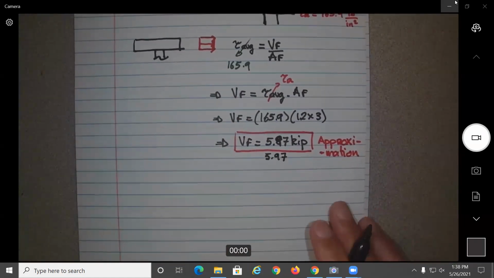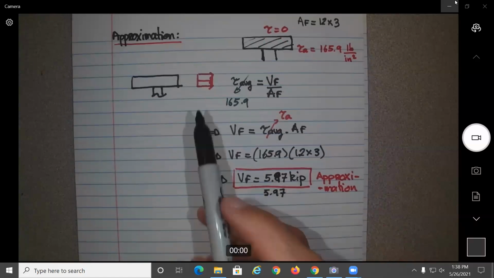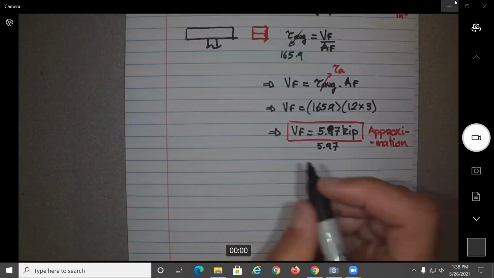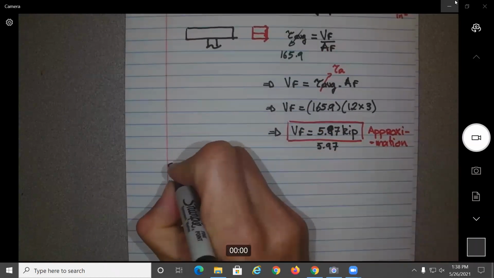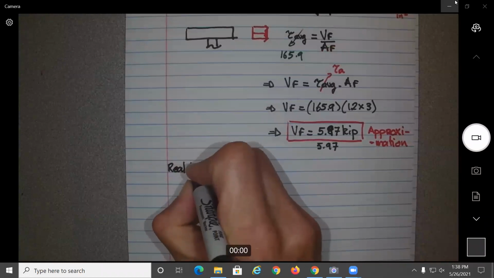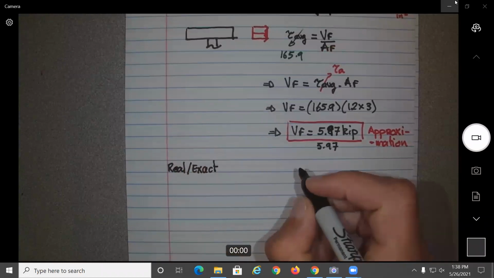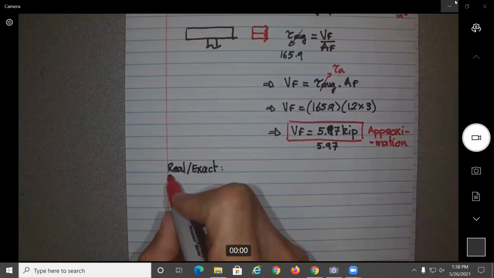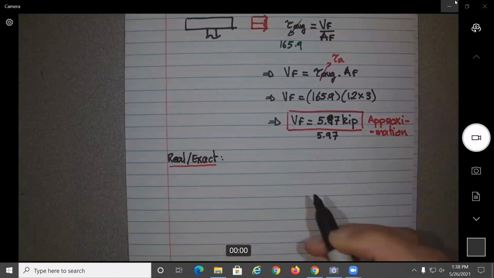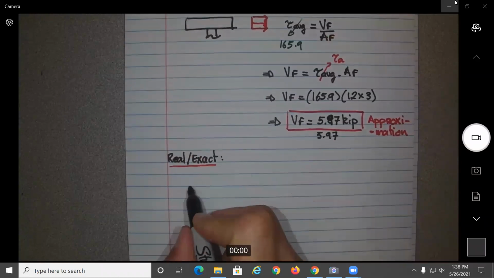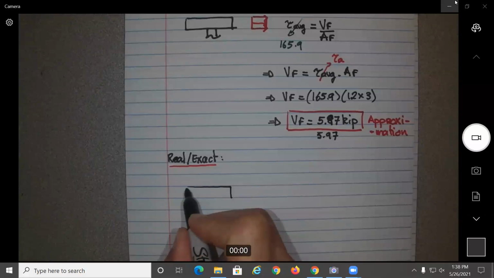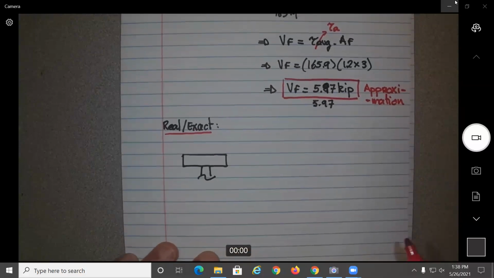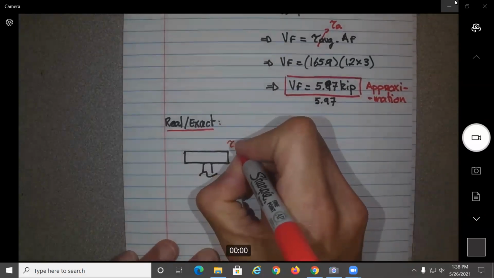Thank you for checking. Okay, but now again, remember, if that's really true, the real, exact distribution should look like what? So let's see if I do here the same figure again. What do we know about the value? The value should be 0 at the top.